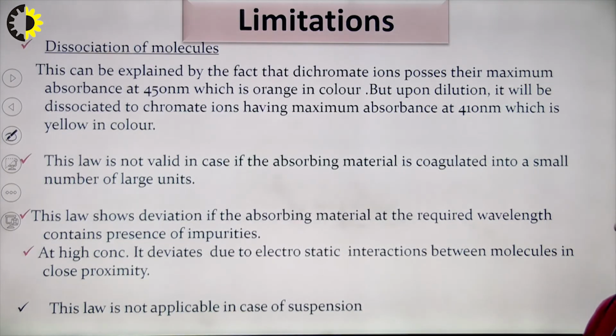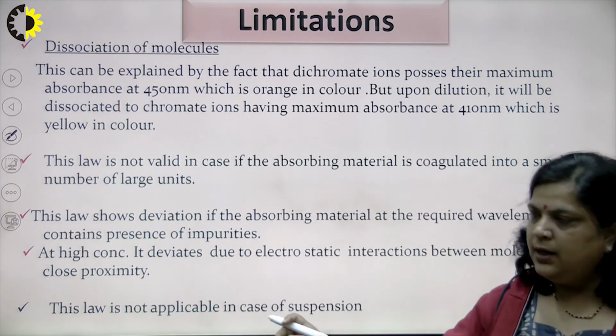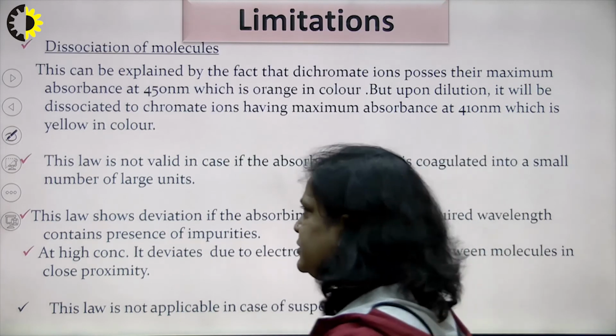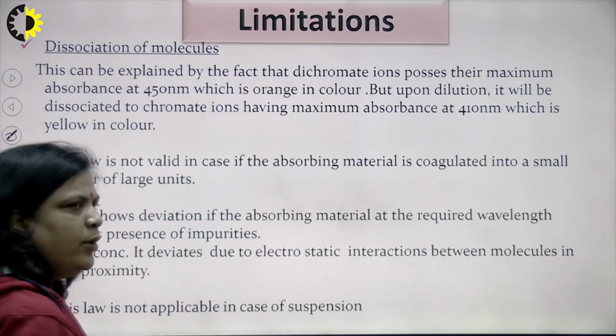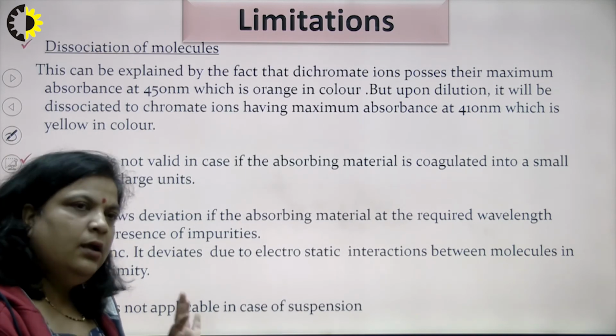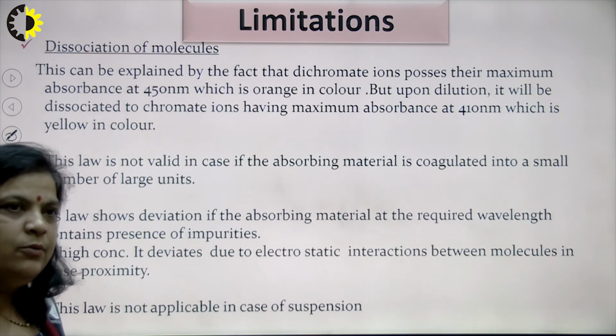At higher concentration it deviates, we have already discussed this, and this law is not applicable in case of suspension. So three main points. First, it is generally used for dilute solution, for monochromatic light, and temperature variation should not be too much.